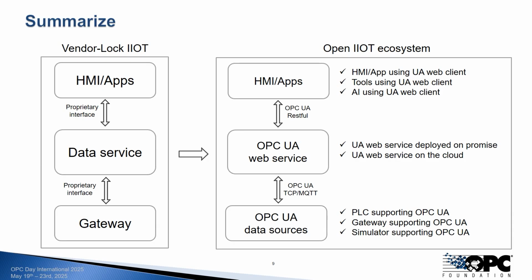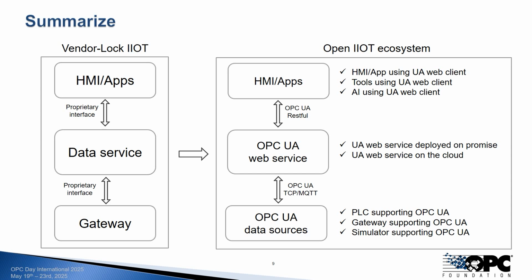On the data source layer, users can choose providers offering PLC, gateway, or simulator with OPC UA communication capability. And the integration to an OPC UA web platform will be very easy and fast.